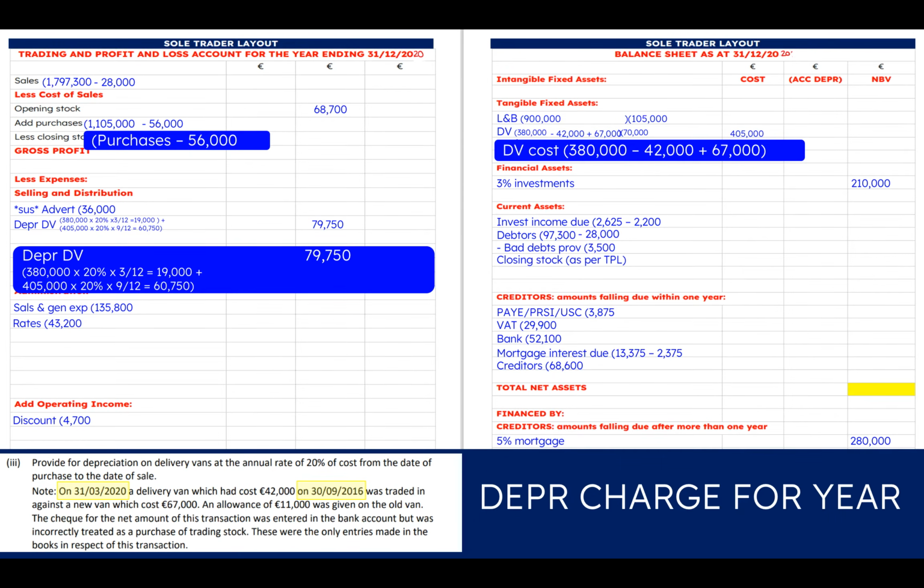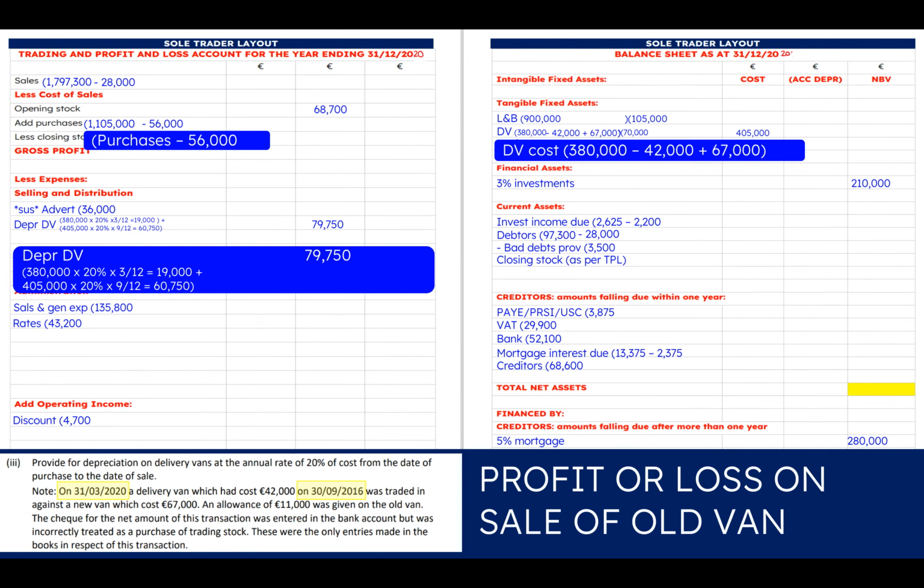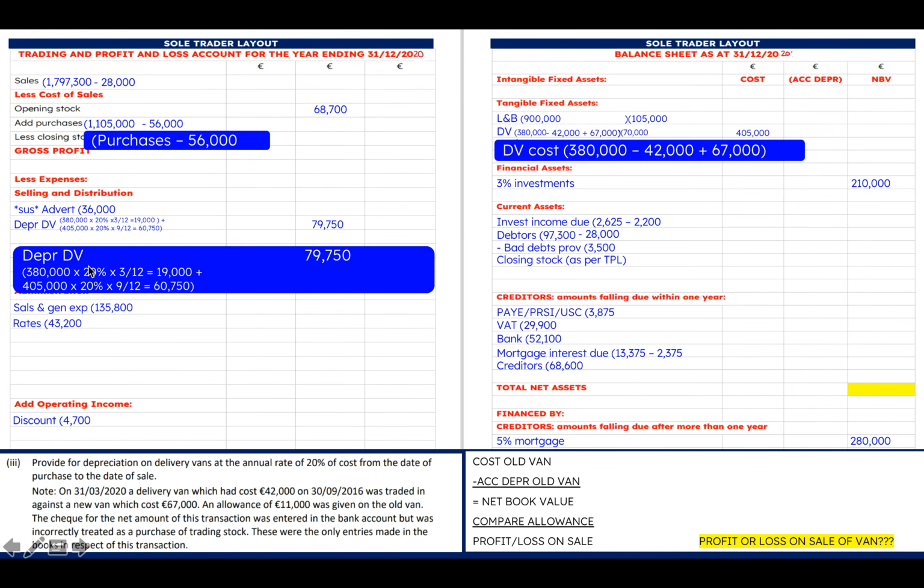Now, profit or loss on the sale of the van is our next thing to do. A profit would go into operating income, and a loss would go into selling and distribution. Why selling and distribution? Because delivery vans are all about distributing the goods to your customers. The sole trader charges depreciation every year, 20% of cost.